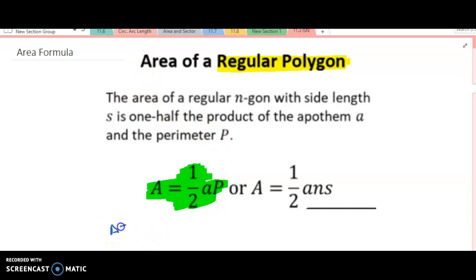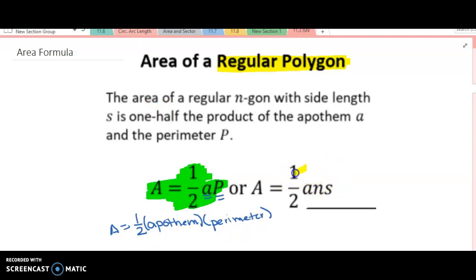Area equals 1/2 times, this little a is the apothem, and this big P is the perimeter.